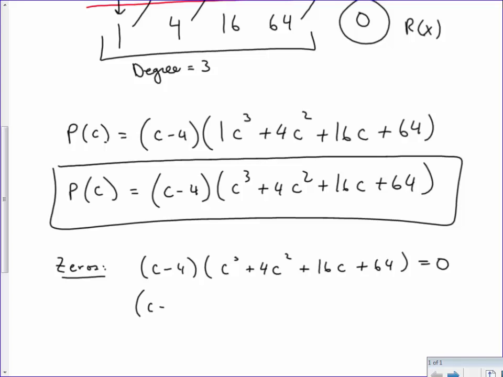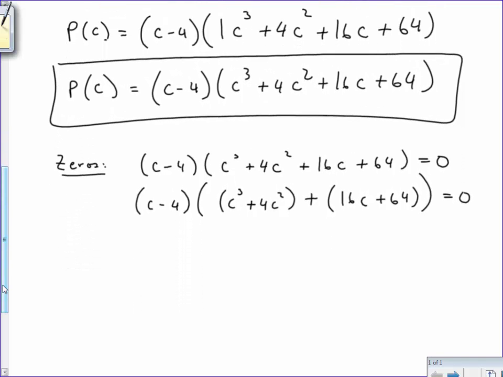The c minus 4 will not factor, and the thing that's left in the other set of parentheses will only factor by grouping because it has 4 terms. To factor by grouping, we're going to group the first 2 terms together. So I'm going to open a parenthesis and then open one more parenthesis. C cubed plus 4c squared. Put a plus in the middle always, and then group the last 2 terms, the 16c plus 64. Close 2 sets of parentheses here. This gets kind of messy when it has to do with the grouping symbols.